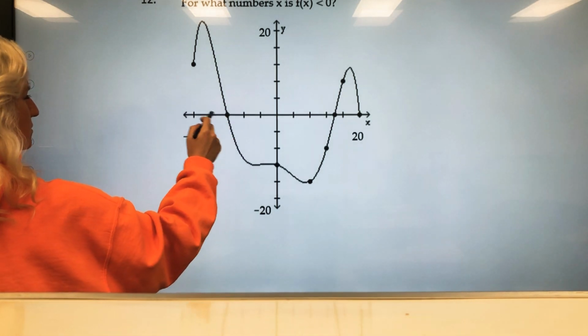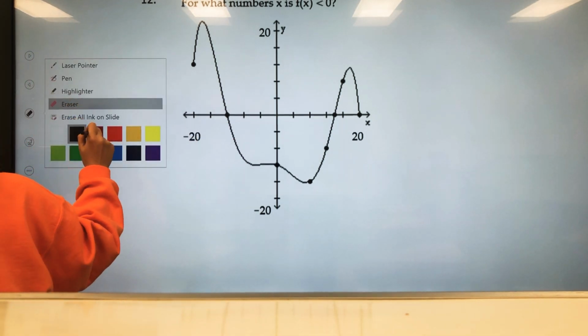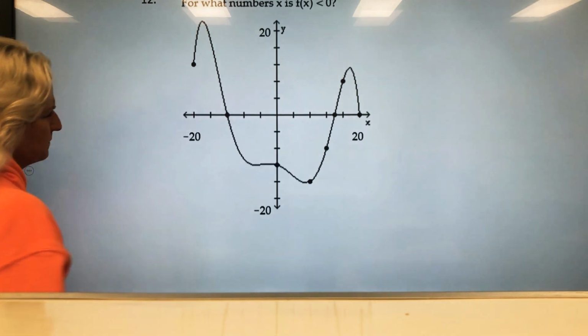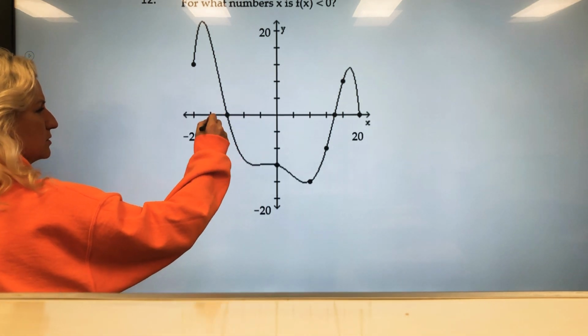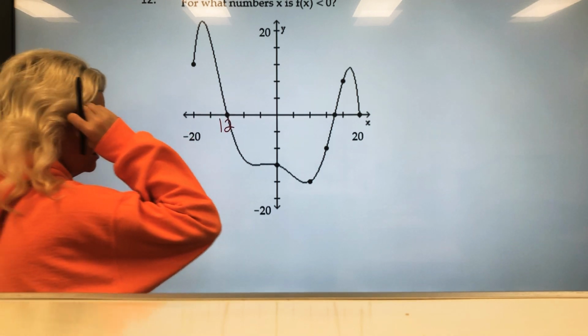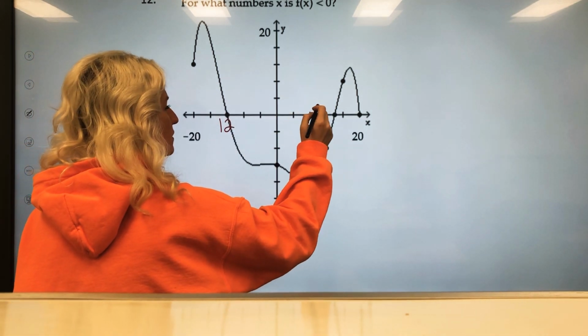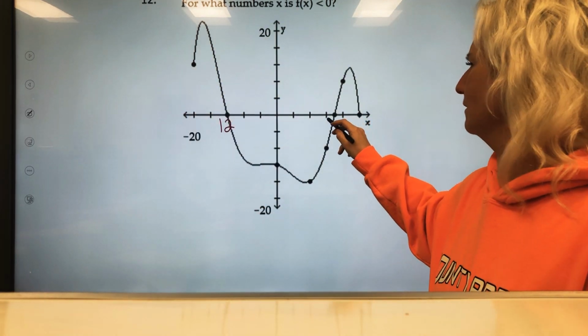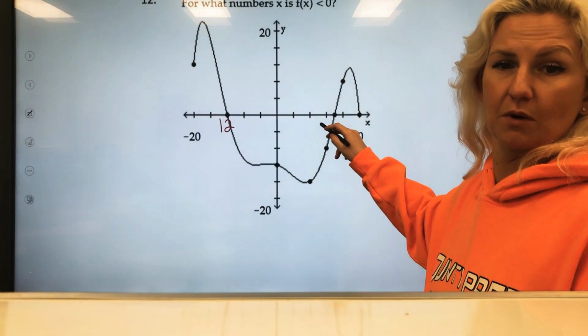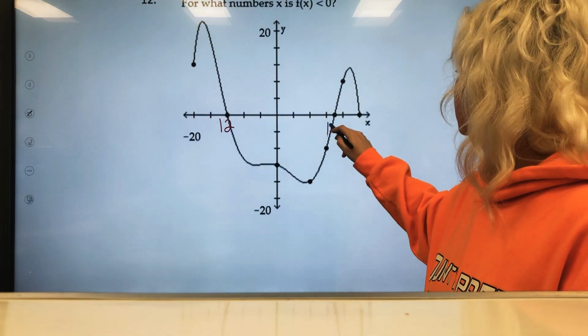This is 20. 1, 2, 3, 4, 5. Yeah, so 4 each. 4 each, right? So that's 4. That's weird. 1, 2, 3. So this is 12, right? And this is 4, 8, 12, 16. So what's between 12 and 16? 14.